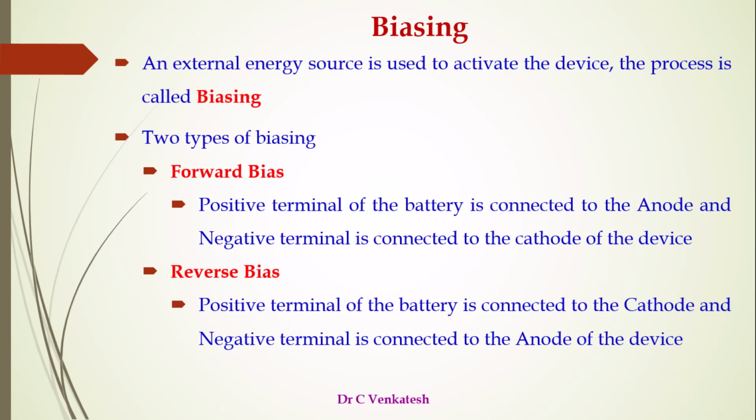Reverse bias means positive terminal of the battery is connected to the cathode and negative terminal is connected to the anode of the device. Then it is called reverse bias.